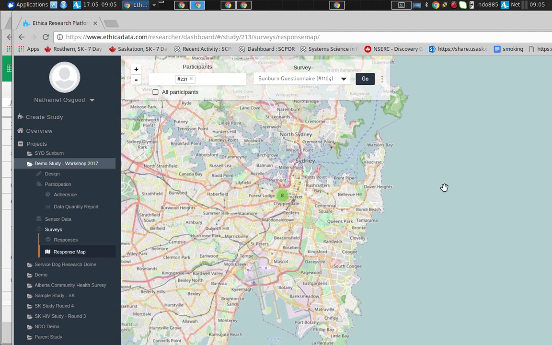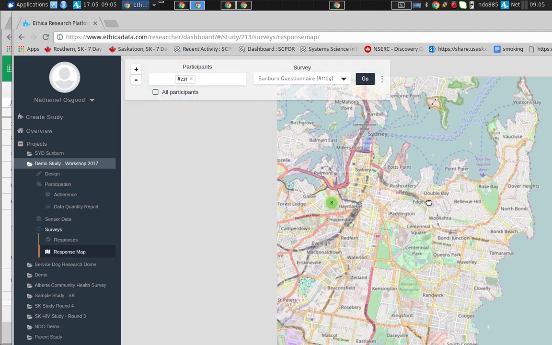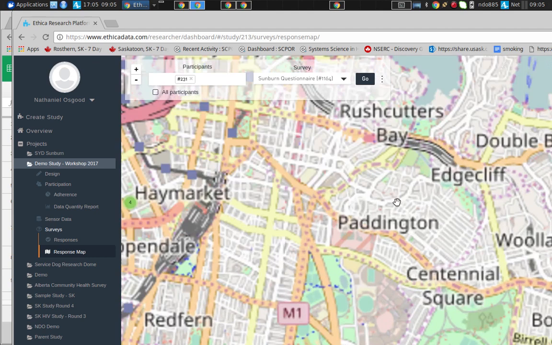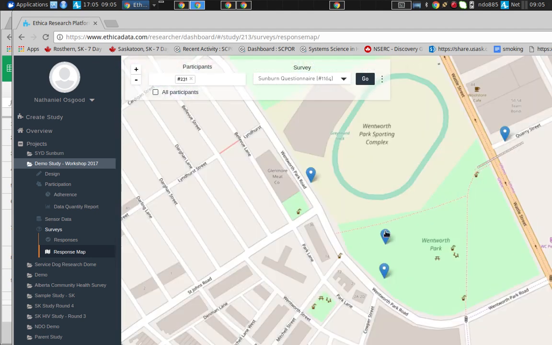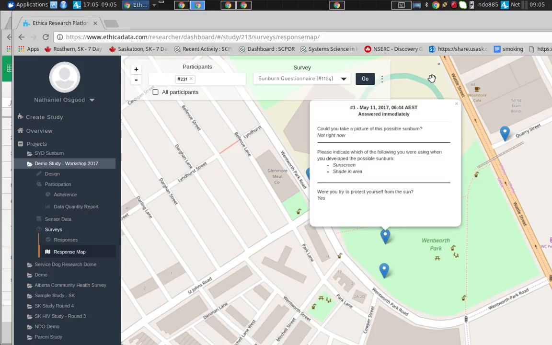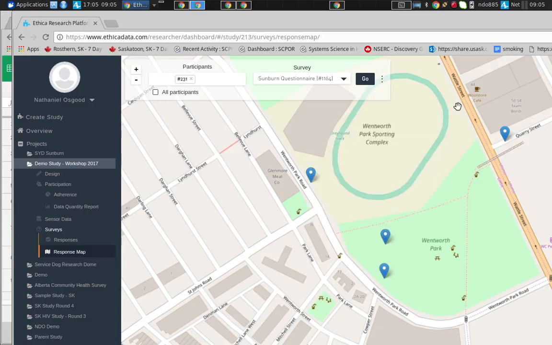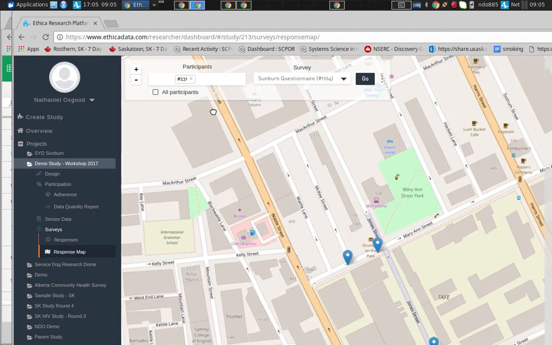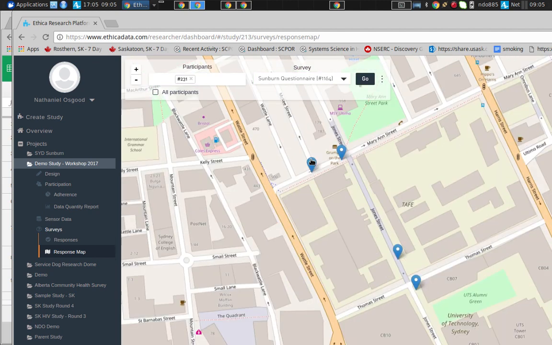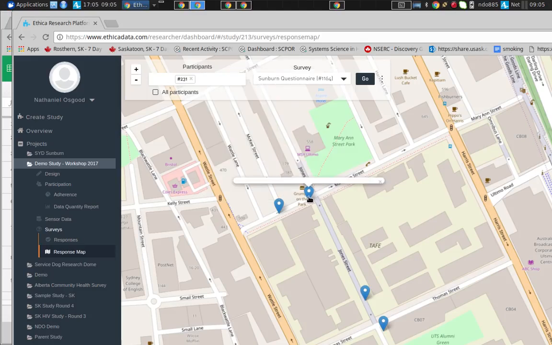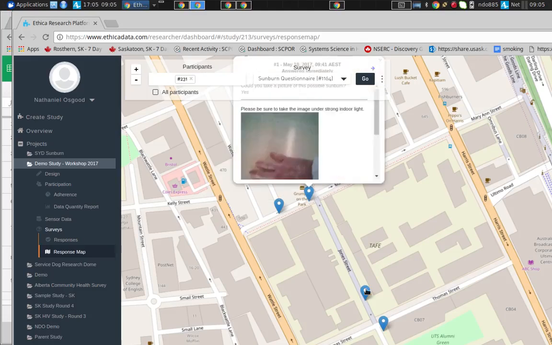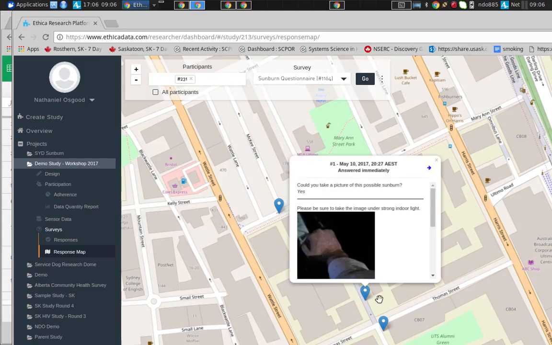Okay, so we'll zoom in on our local situation here. In Wentworth Park, there were a variety that were answered, but there are some over here where we are now, which are probably going to be canceled, and I'd have to go find them. But these do include cases of ones that are not filled out.